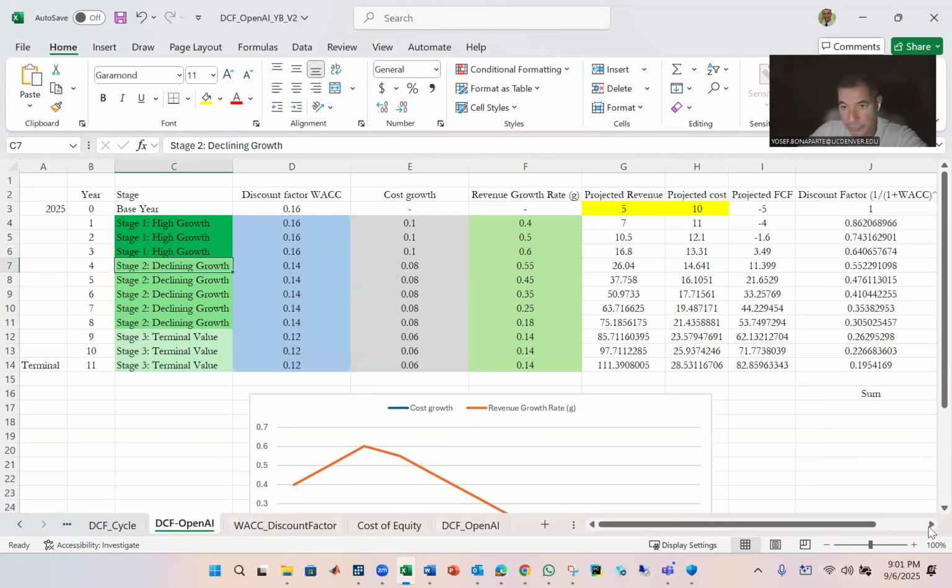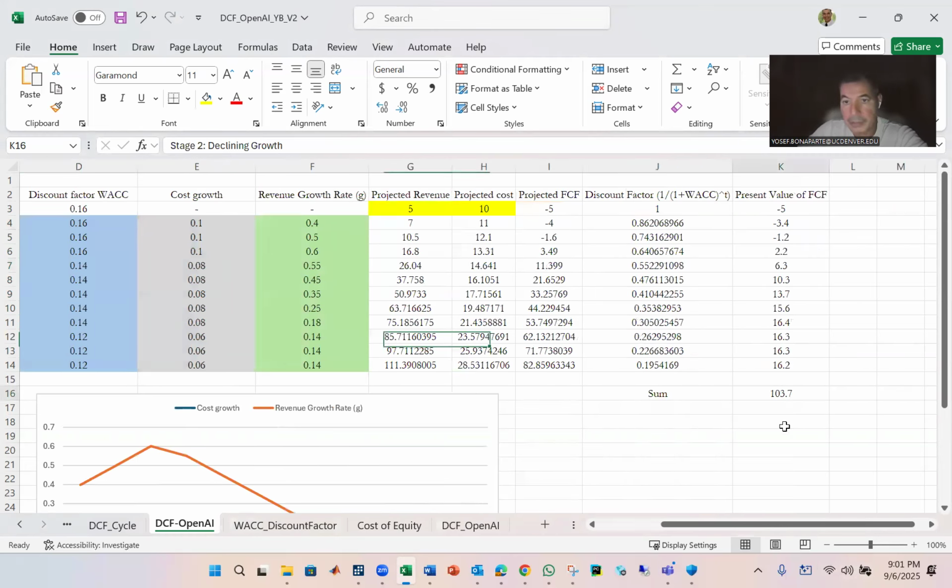So I got those. And then based on that, the price of ChatGPT, everything in billion here. So this is the projected revenue in billion, projected cost in billion.